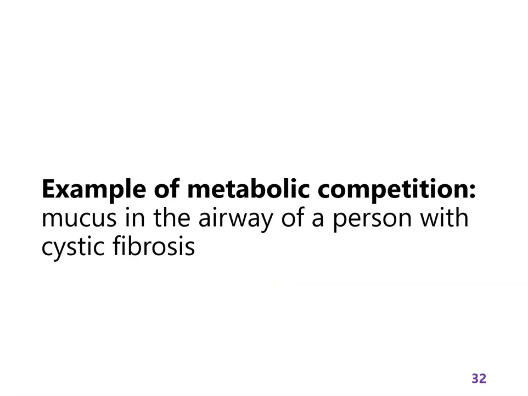So here's an example in human health. If a person has cystic fibrosis, this is an inheritable condition that affects many things, but also their ability to clear mucus from their airways.